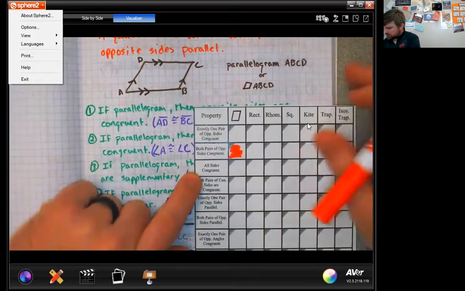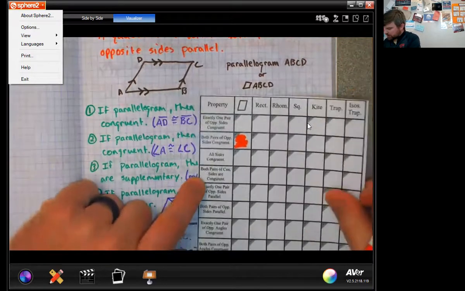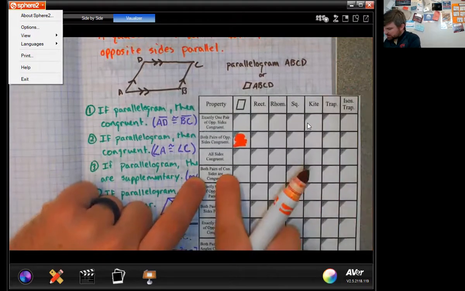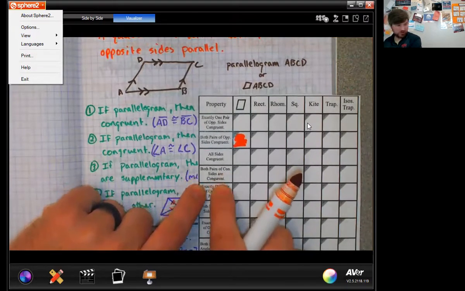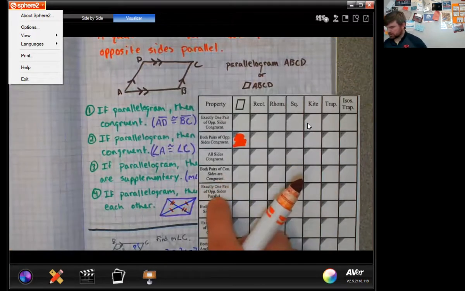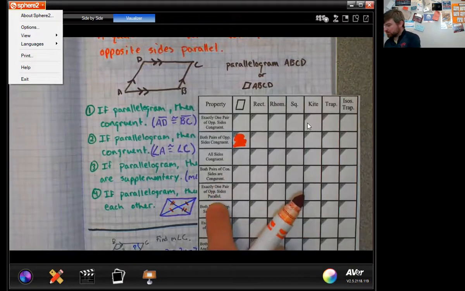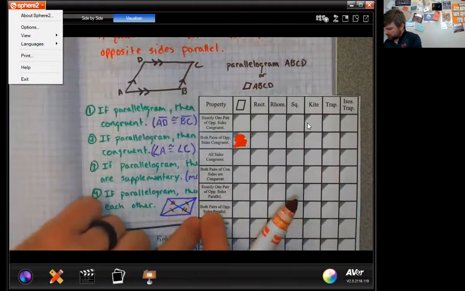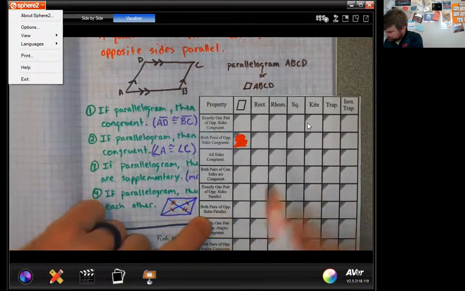All sides congruent? No. Both pairs of consecutive sides are congruent? No. Exactly one pair of opposite sides parallel? No, we have both sides. Both pairs of opposite sides parallel.